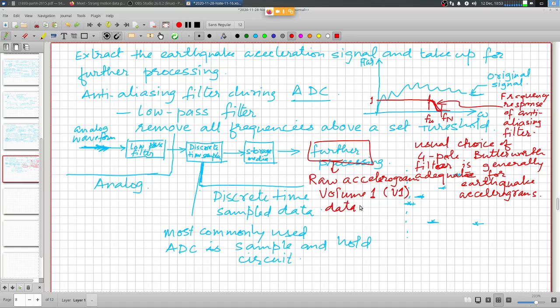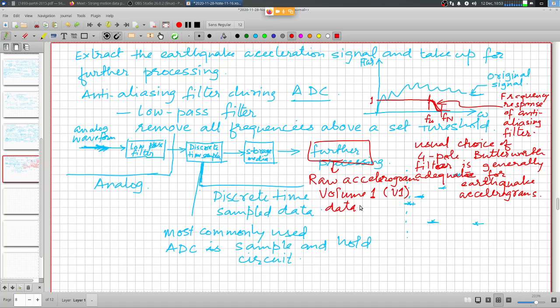So this is typically referred to as V1 data. If you refer to any paper coming out from USGS, the United States Geological Survey, they would designate it as V1 data. That is the raw accelerogram which has not seen anything beyond the low pass filtering, anti-aliasing filtering, and the analog to digital conversion. Nothing extra has been done.